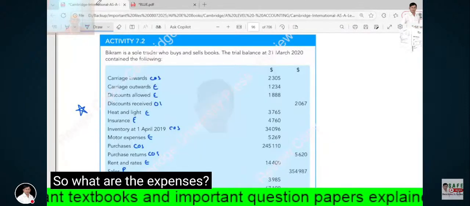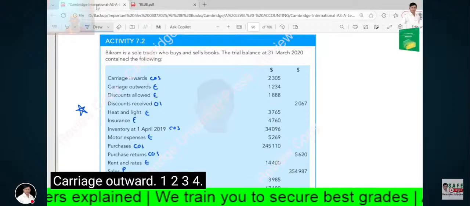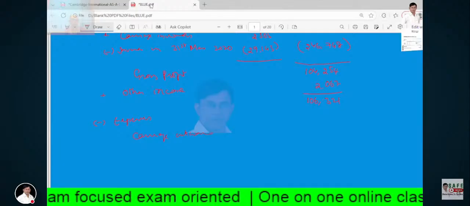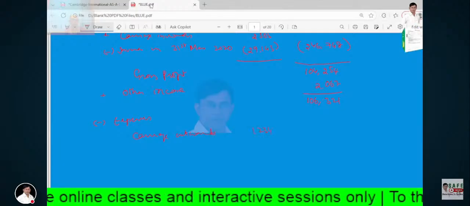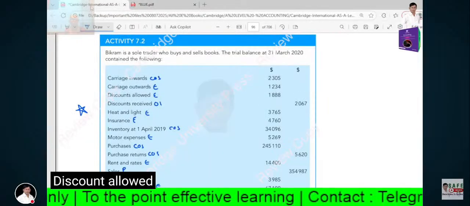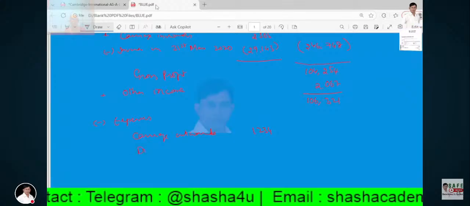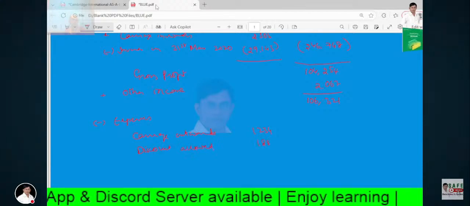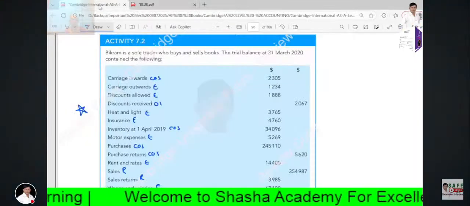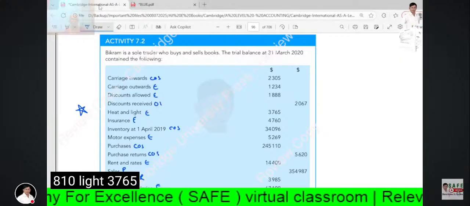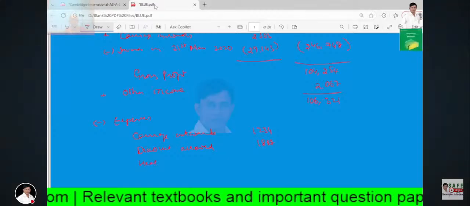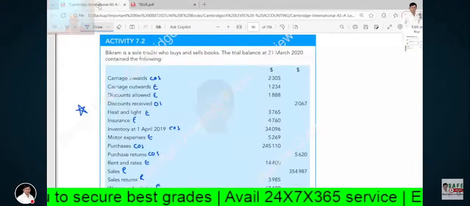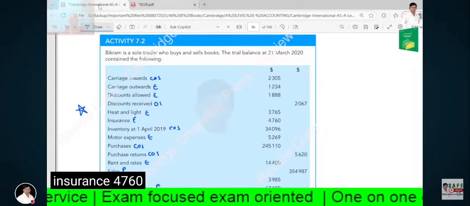What are the expenses? Carriage out. Discount allowed 1,888. Heat and light 3765. Insurance 4760.